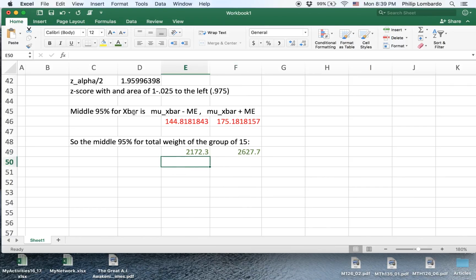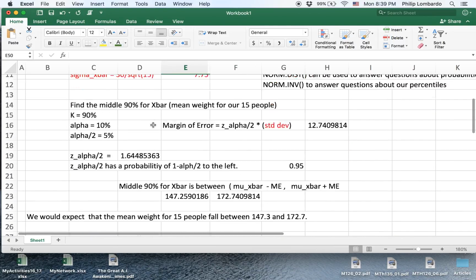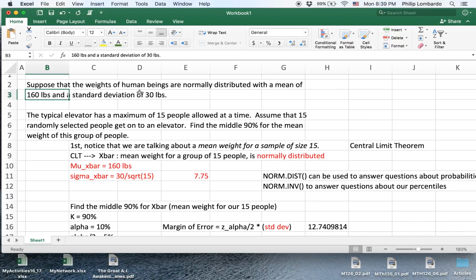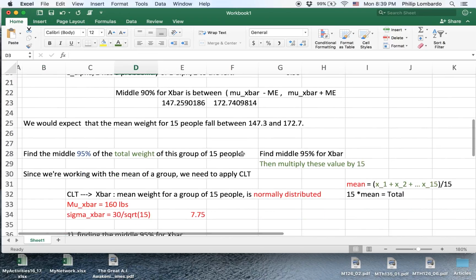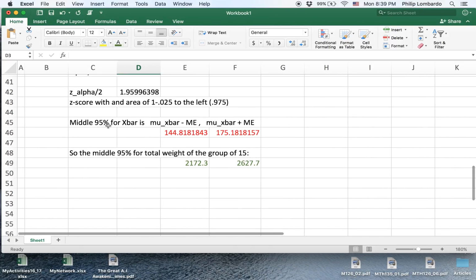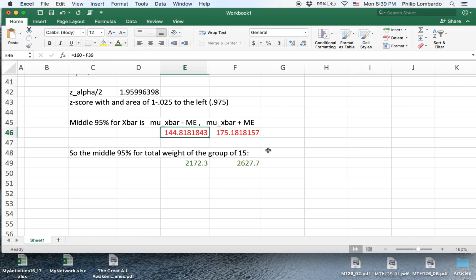So here's the idea. If we have the underlying assumption that the weight of a single human being is normally distributed with a mean of 160 and a standard deviation of 30, right? Now, as elevator engineers, we know that the middle 95%, so the 95% we should kind of expect to see for the mean weight in a group of 15 people, is going to be between 144 and 175.